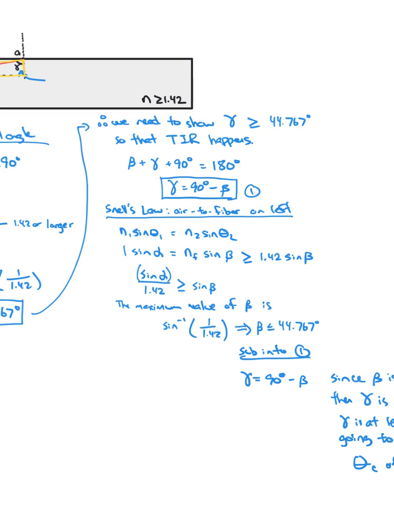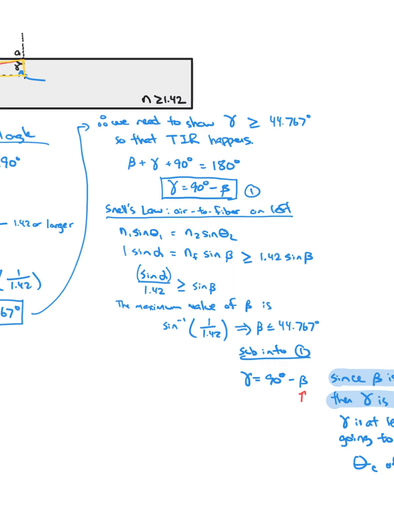You may have to think a little bit about how it turned from beta is at most 44.8 to gamma is at least 90 minus 44.8. If we sub in 44.8 for beta, then 90 minus that is 45.2.